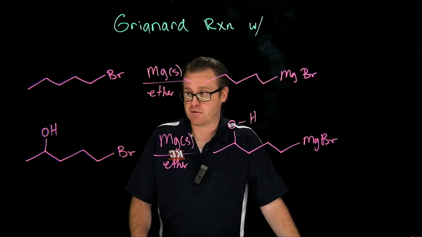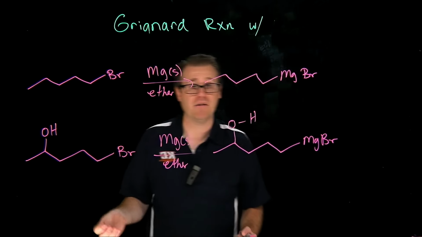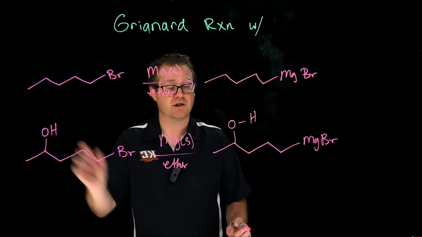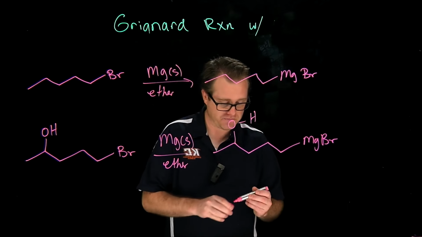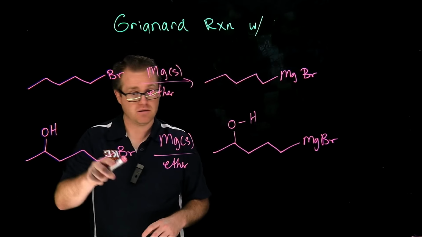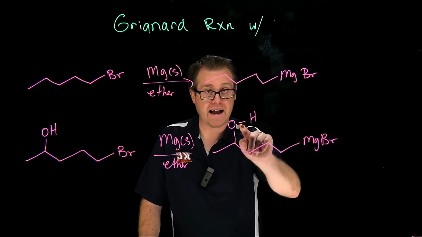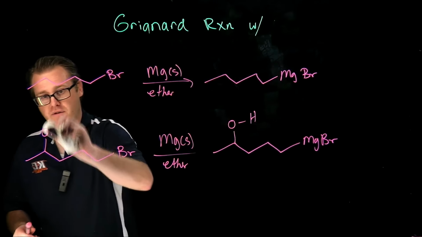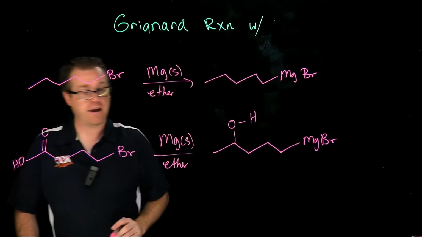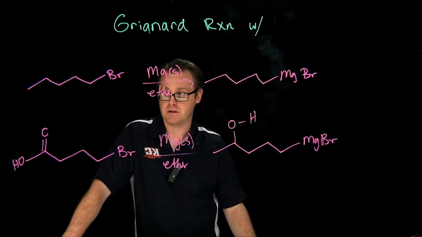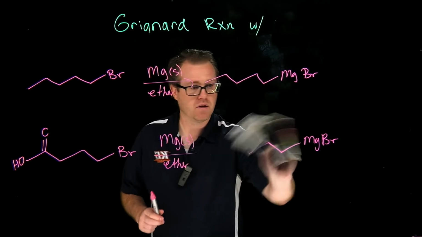Because we've seen that the Grignards can behave as a base. So if you want to form a Grignard reagent, you cannot have a functional group that's going to react with itself. So for example, alcohols on the alkyl halide are bad because the Grignard, once formed, will react with itself. What's another functional group that would be bad? That would be a carboxylic acid. You can't do this reaction, right?